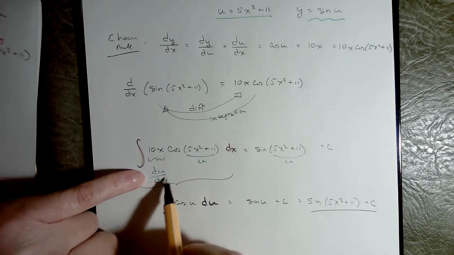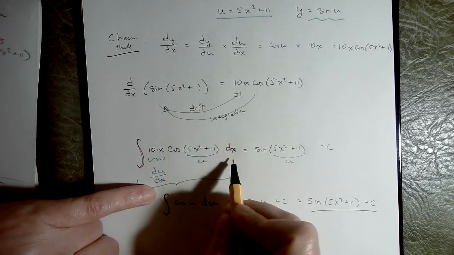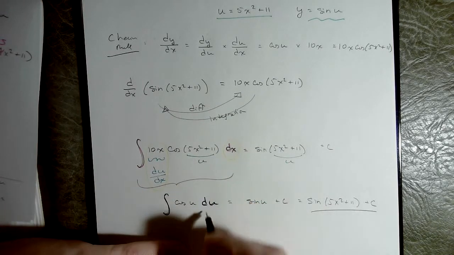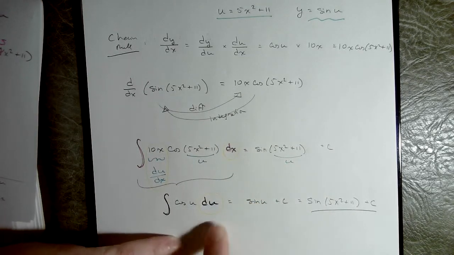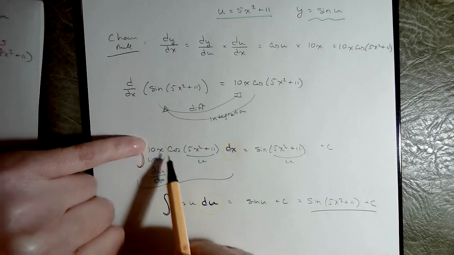This du dx and this bookend came out and were replaced by a new bookend. This is the key. I'm sorry, the yellow isn't very bright on camera.